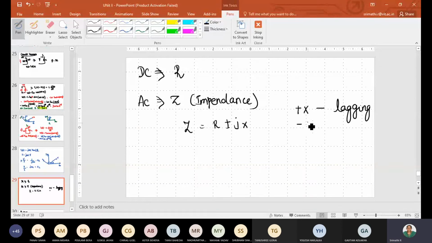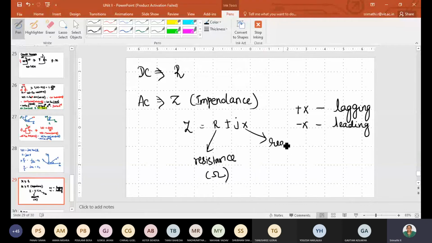If it is minus X, meaning you have a leading value, the circuit will be capacitive in nature. We tell it as lagging and leading. Here R is the resistance in ohms, X is the reactance, also in ohms, and Z is the impedance, also in ohms.